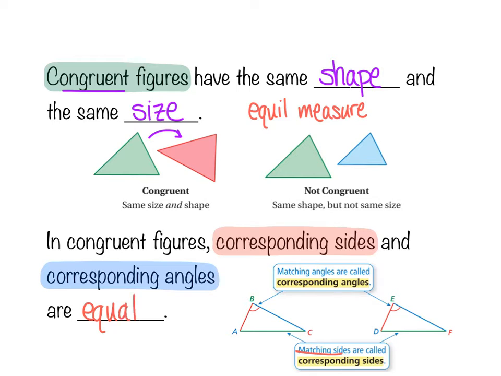In the two triangles below, we've got matching sides. AB matches with DE. Those are corresponding, and they are the same length, so they're congruent. BC is congruent with EF because they're corresponding sides. And AC corresponds with DF. They're corresponding and also equal.